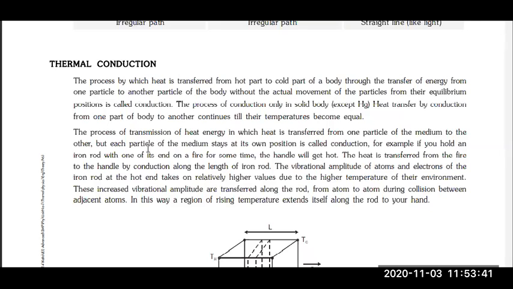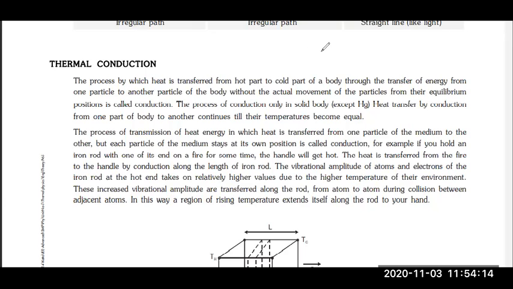So almost everything is the same. Heat will be conducted only when there is a temperature difference. So the concept of potential is associated with the concept of temperature difference here. For example, electric current flows from higher potential to lower potential. In the same way, heat will flow from higher temperature to lower temperature, right?